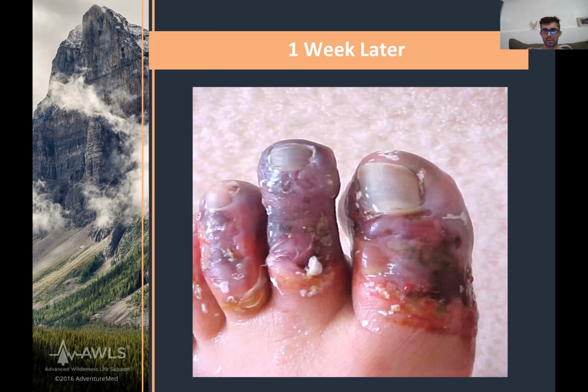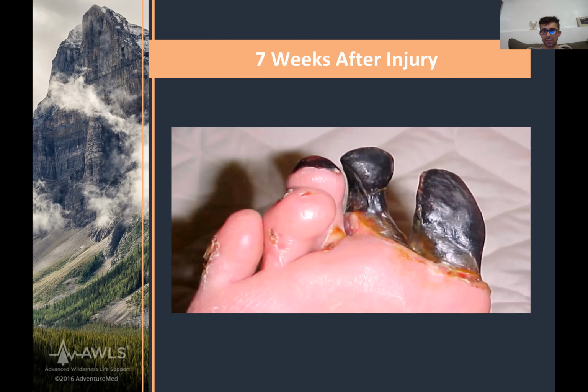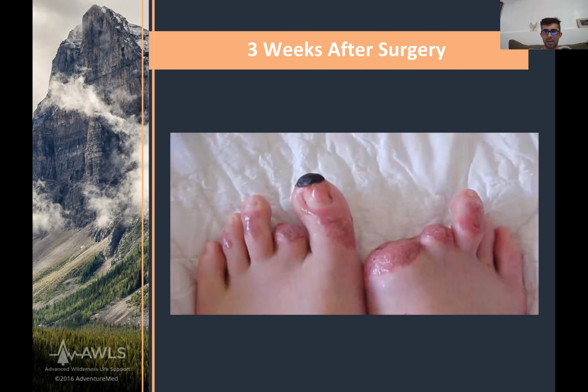A week later, on the left foot, the first 3 toes are obviously the most affected. Now 7 weeks later, you can see how much progression there is. At 3 weeks, she has had debridement and amputation of the affected toes.